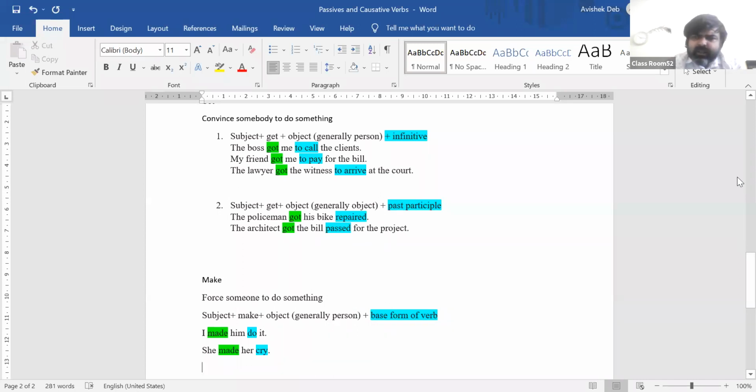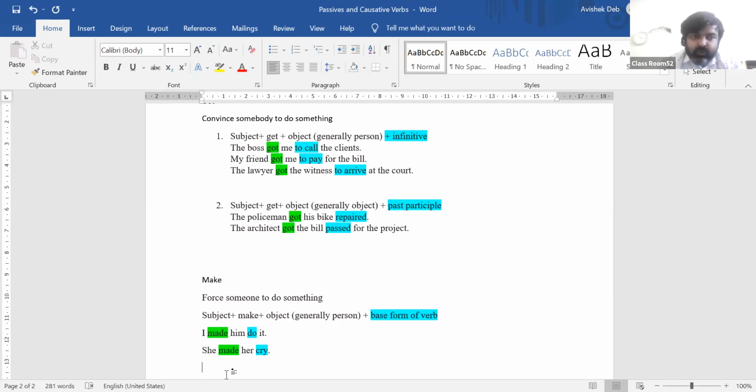And let me tell you, when you have make as a causative verb, the object always should be a living person.